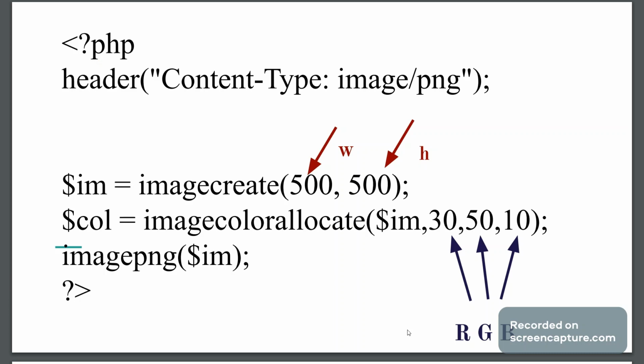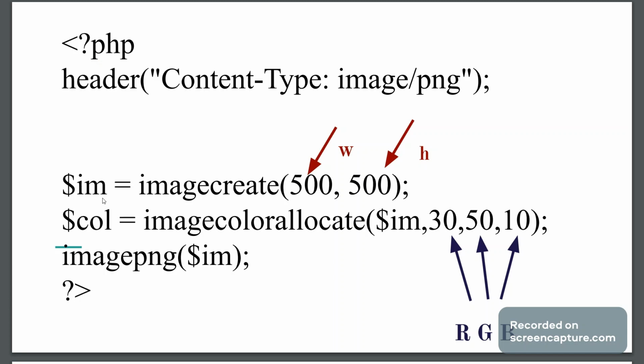You can use GIF if your image is of GIF format. Now I am creating an image with the imagecreate function, giving a width of 500 and height of 500. The created image I will refer to with the name IM.